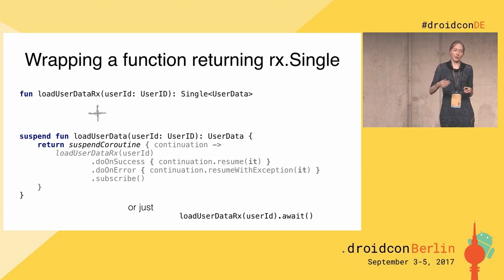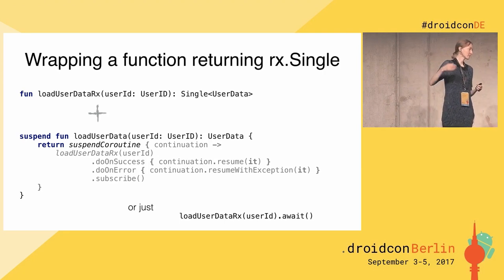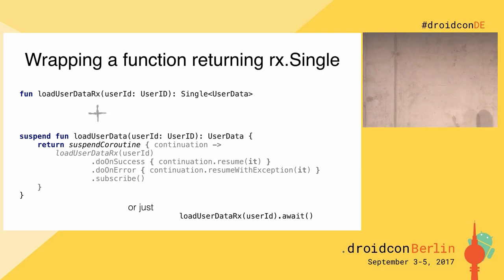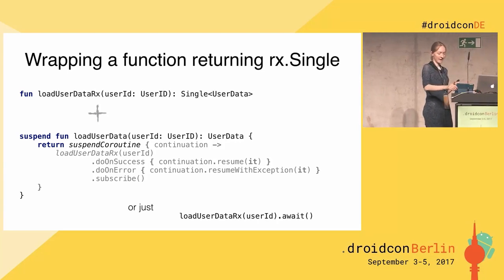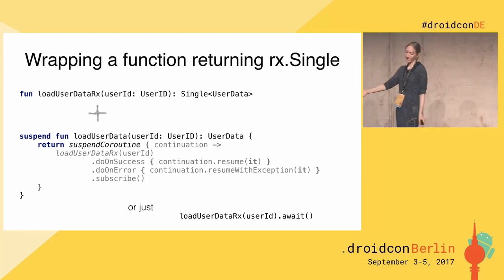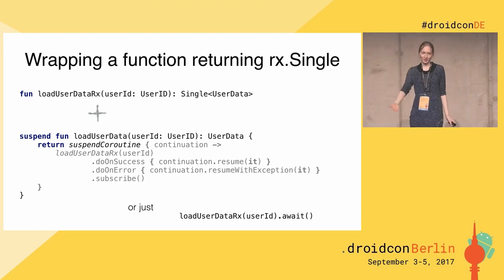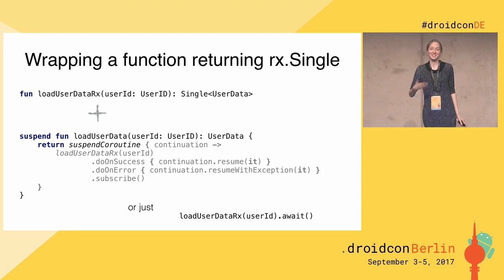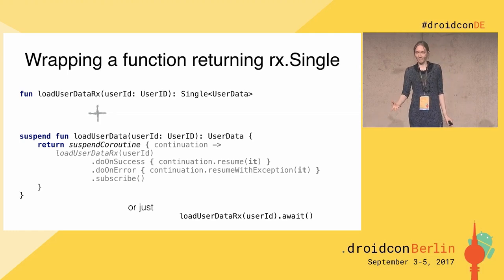The same can be done with RxJava, so you can similarly wrap it. However, with RxJava, there is an await suspend extension function defined in the library. So you can just call the await function on an Rx Single or a CompletableFuture.